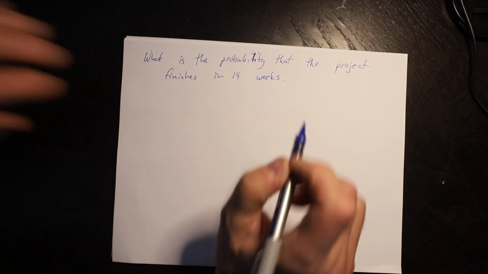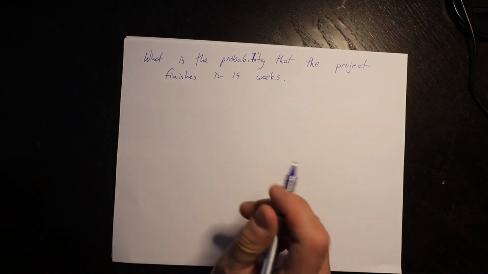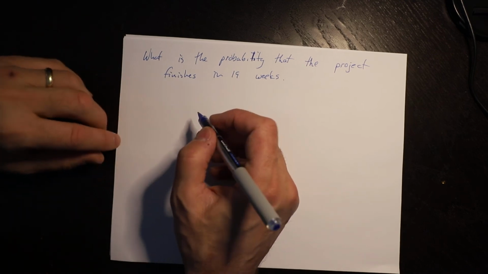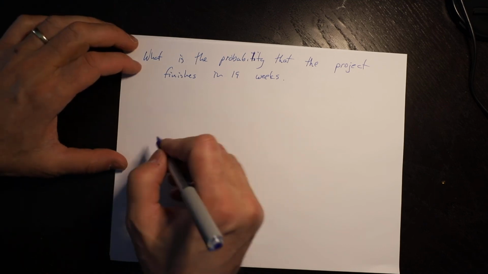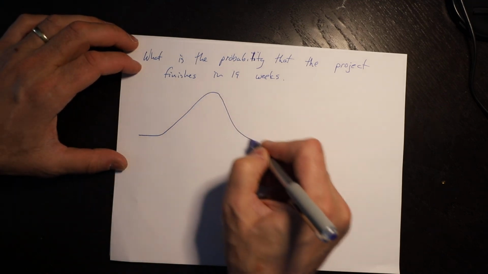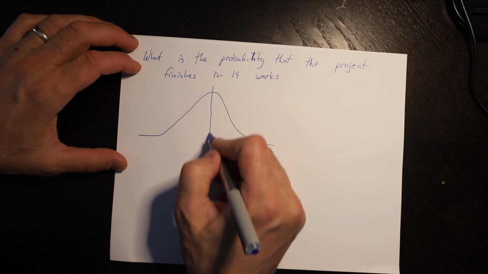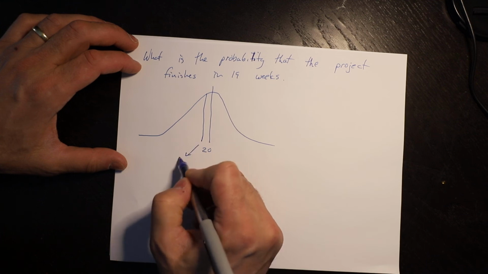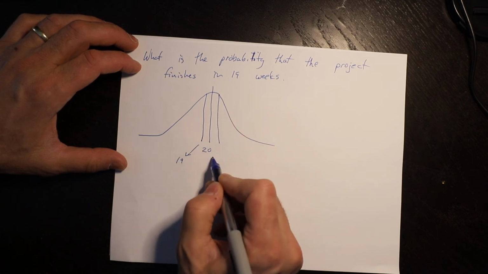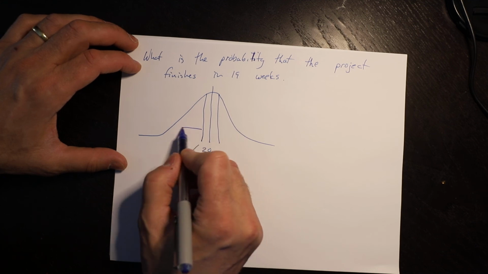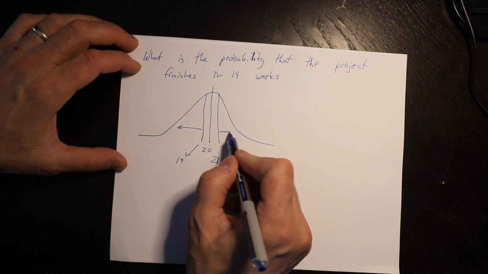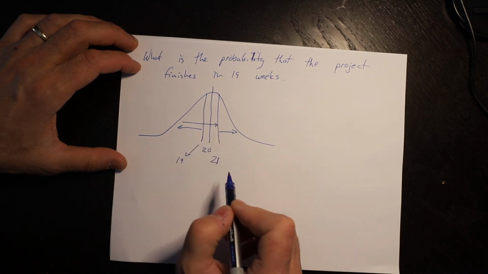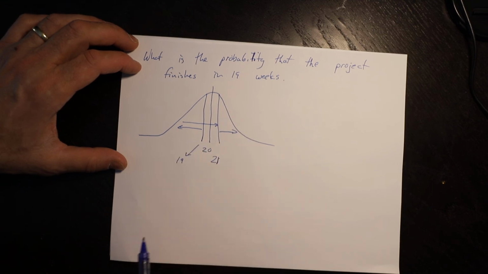Now you can use a different table and a different Z value, but because I want you to be consistent and what is easier, I'm going to leverage the fact that the normal distribution is symmetric. So this is 20 weeks. That's 19, and this is 21. So this area is exactly the same as that area, and so if I calculate this area and subtract it from 1, I can figure out 19 weeks.